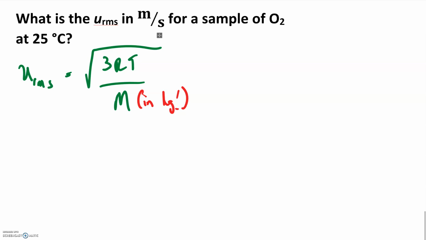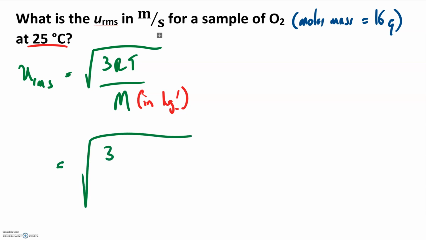So let's plug some stuff in and see what we get. We are talking about a sample of oxygen gas at 25 degrees Celsius. And oxygen, let's remember, has a molar mass of 16 grams. That means for O2 it's going to be 32, and so our mass in kilograms will simply be 32 divided by 1,000. Let's plug it in. So we're going to take the square root.